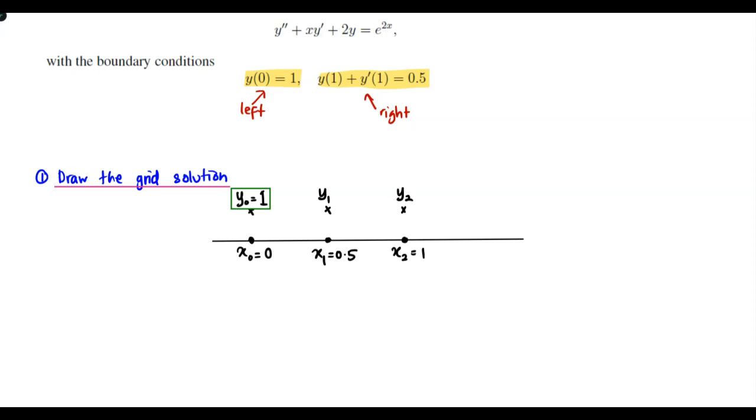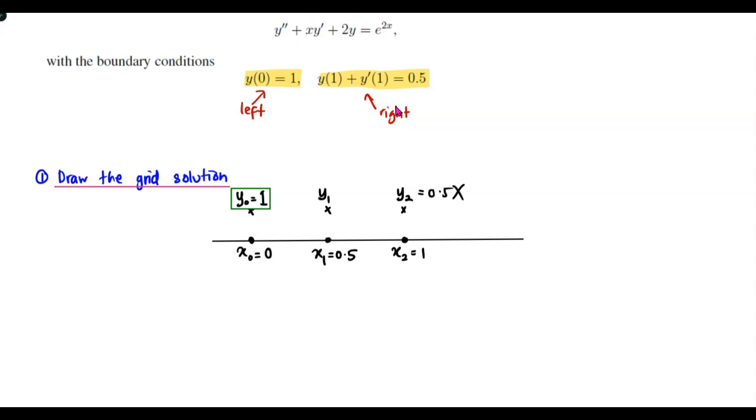Be careful here, your y2 is not 0.5. You can see from the right condition, y(1) plus y'(1) equals 0.5. So y2 is not straight away 0.5. It is wrong if you write it like that, because 0.5 is basically y(1) plus y'(1), not only y(1).